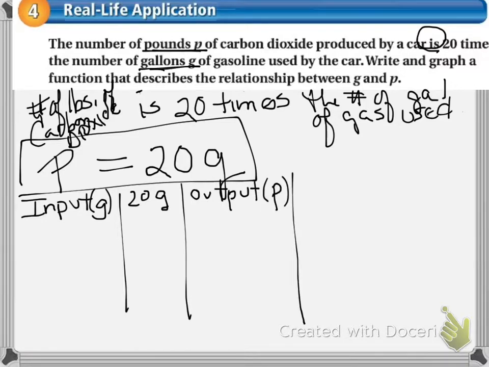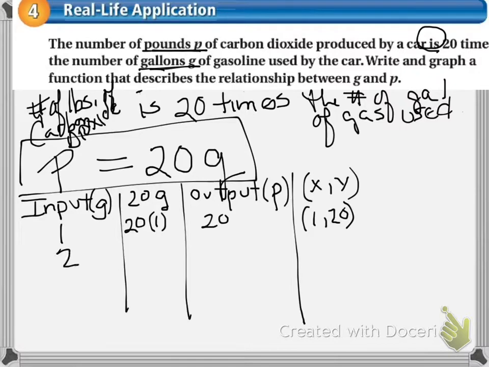And then we'd also have an ordered pair. I'm going to just say X comma Y. So if we put a 1 in, well, 20 times 1 is 20. So 1 comma 20. That is our ordered pair. Let's say it's 2. I'm going to remember this is just substituting again. So we substitute that number in, and that would be a 40.